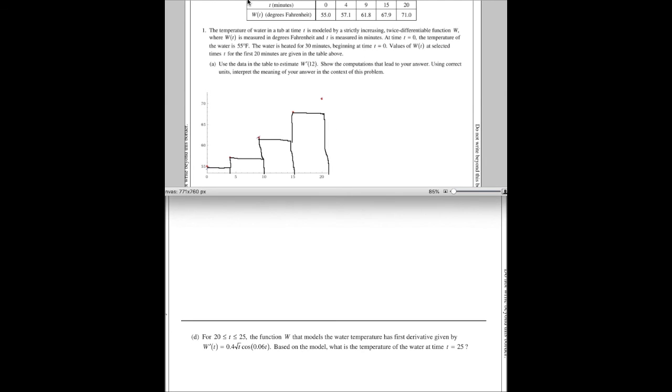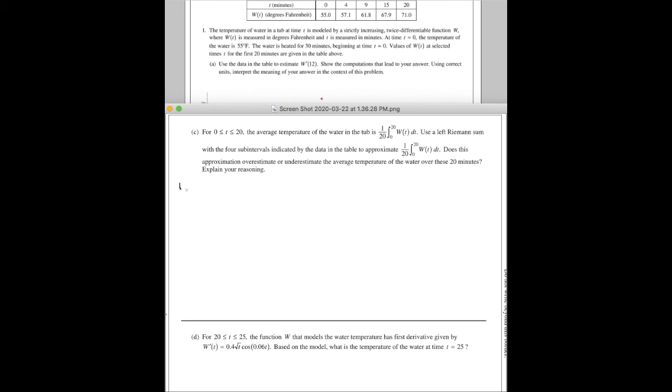All right, so the first rectangle has a length of 4 and a height of 55. So we're going to do 4 times 55. We're going to add our next one: interval length 5 times 57.1, plus our next interval length is 6 times 61.8.